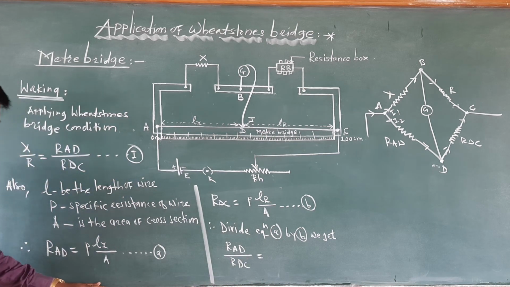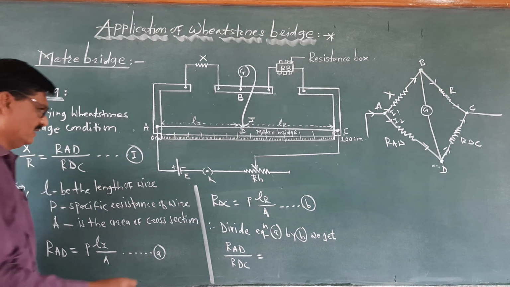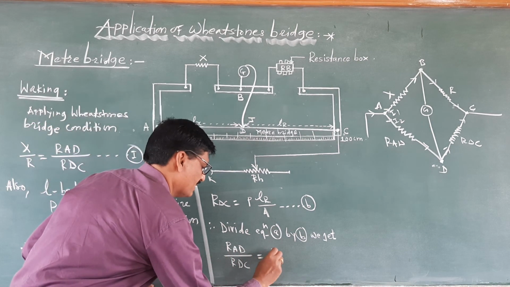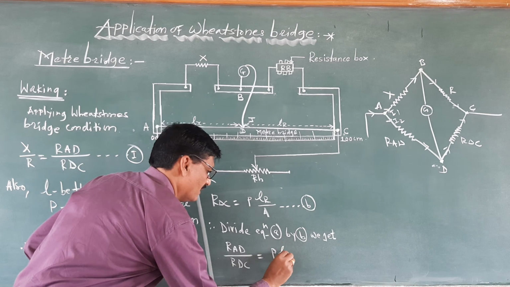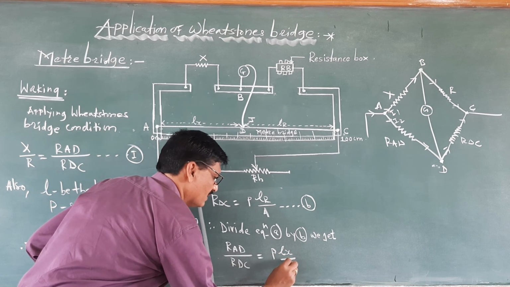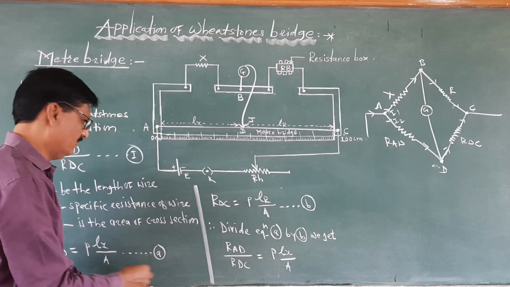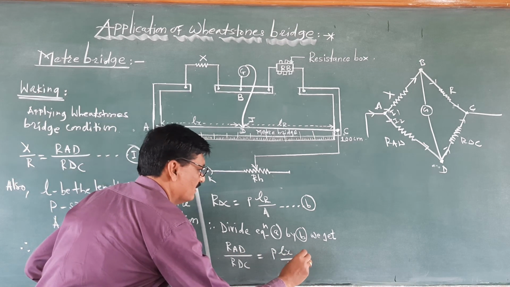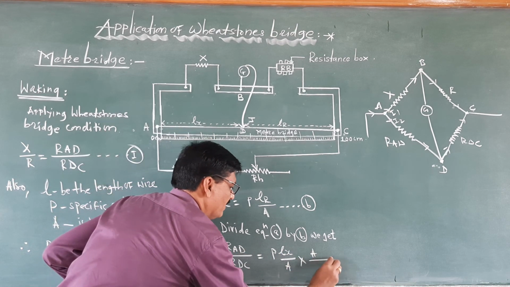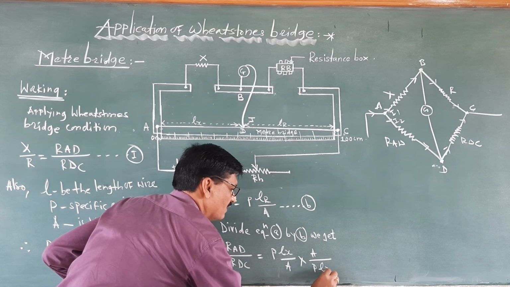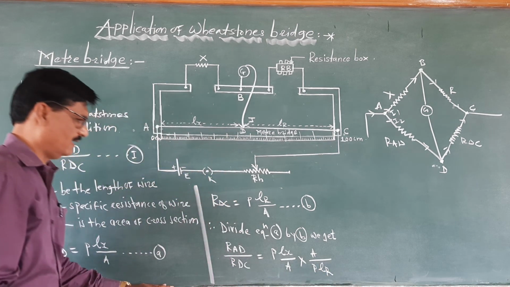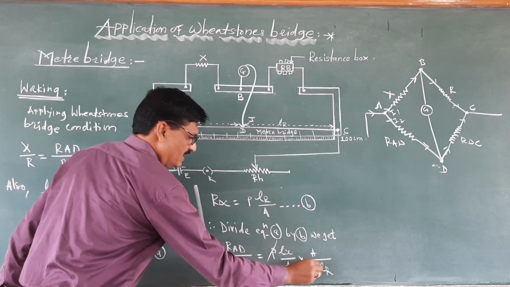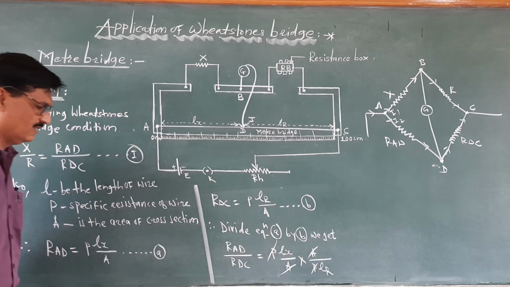This is equal to R times AD upon R times DC, which is equal to P times Lx upon A, multiplied by A divided by P times LR. The common terms get cancelled: this P and capital A get cancelled.